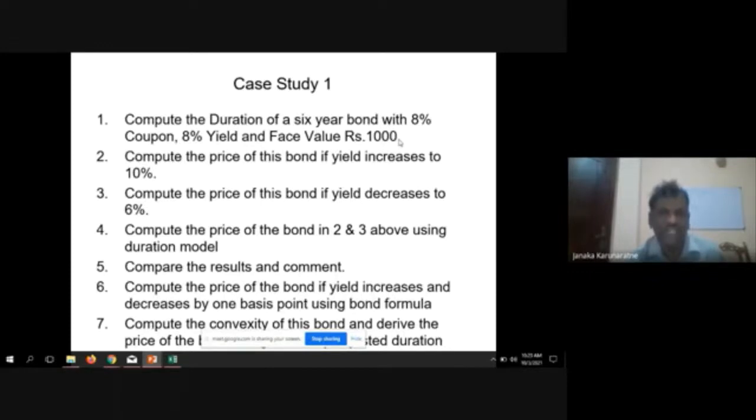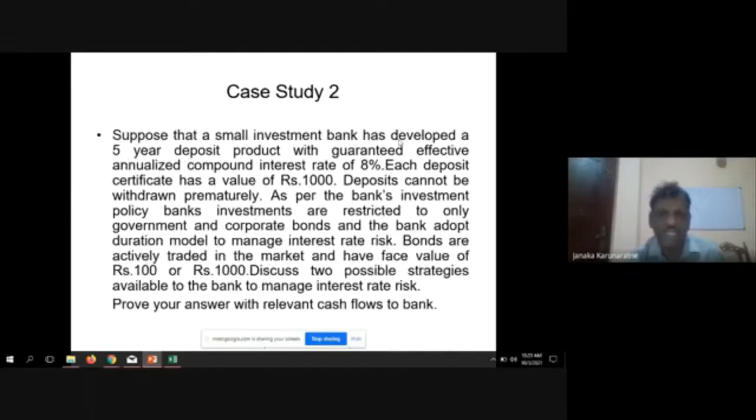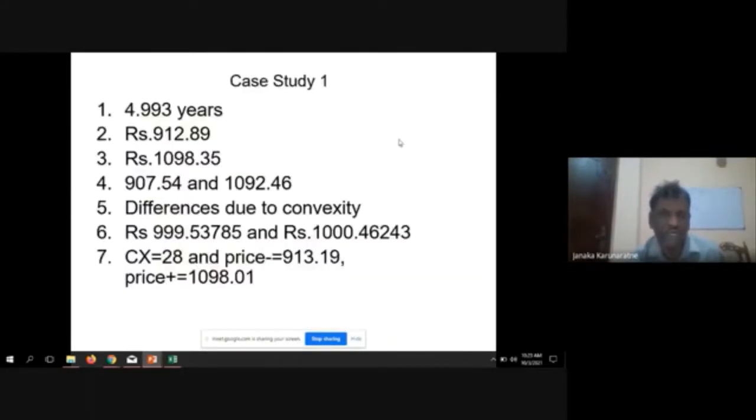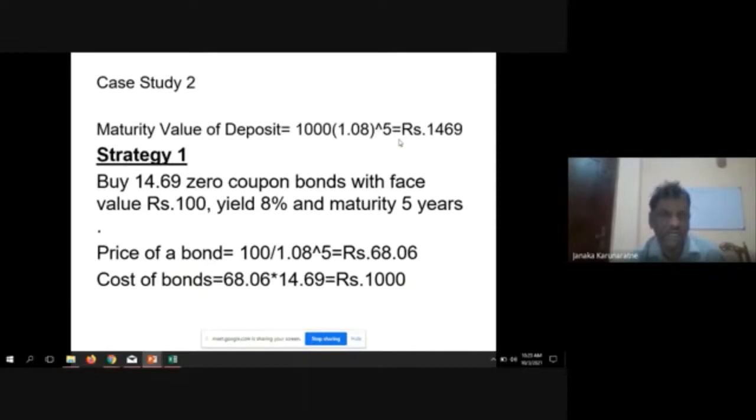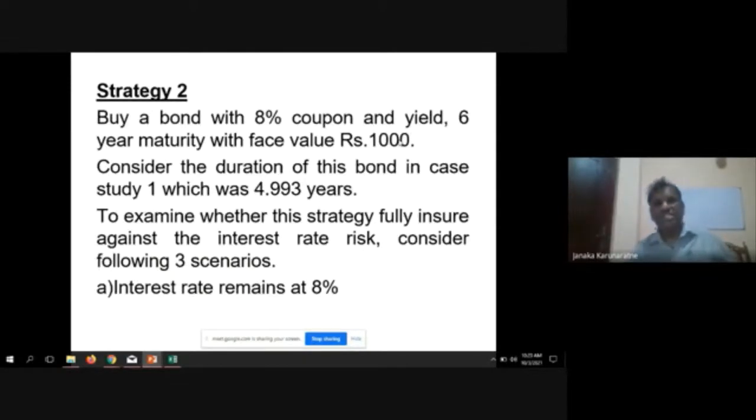A 6-year bond with 8% coupon, 8% yield. What is the duration? 4.993 we worked out. So we can use this particular bond. The duration is 4.993, so that is 5 years.